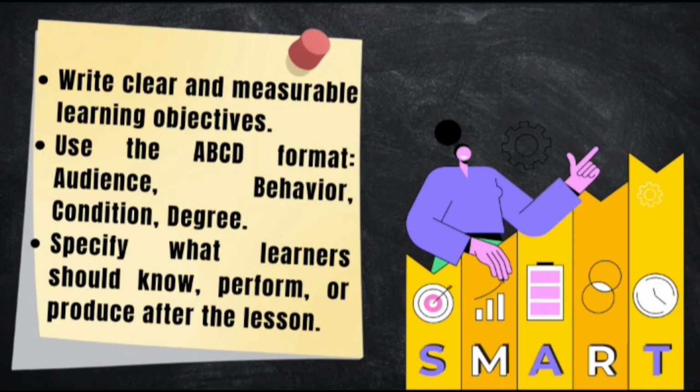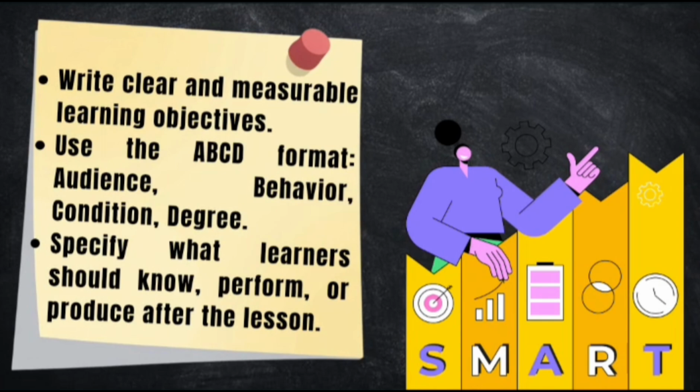Second bullet, use the ABCD format: the audience, the behavior, the condition, and the degree. Using the ABCD format helps ensure completeness. It identifies who will learn, the audience; what they will do, the behavior; under what situation, the condition; and how well they should perform, the degree.